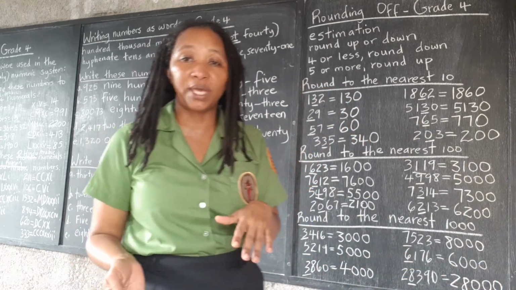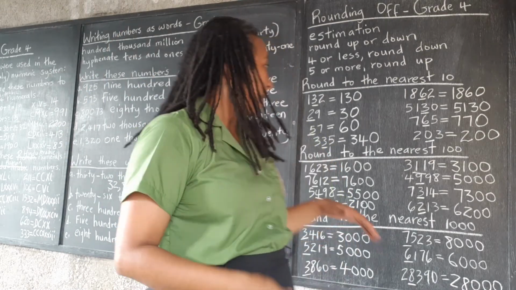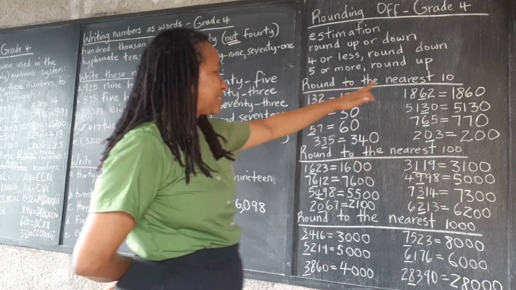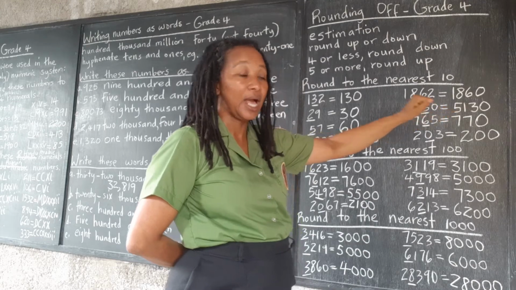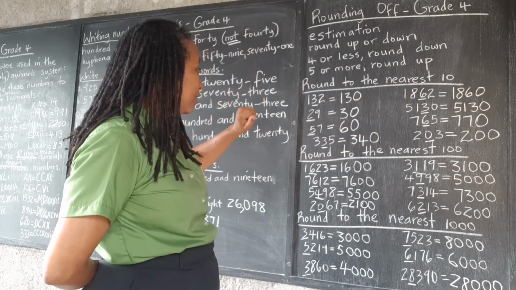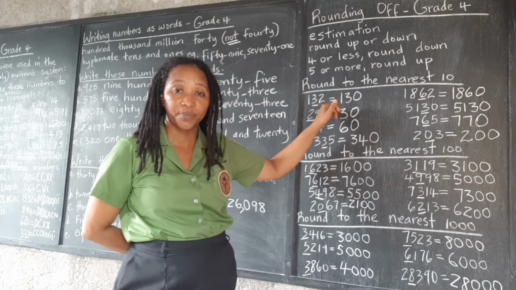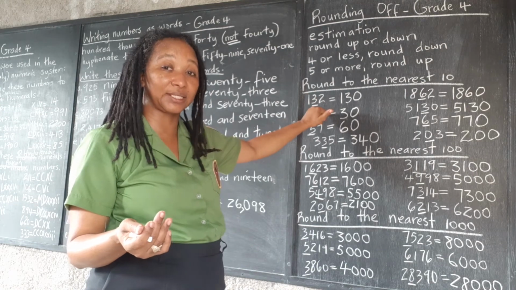So remember, we can either round up or down. First thing, we identify the place that they're asking us to round to. That's the first thing we do. And then we check the digit immediately to the right of it. If it is 5 or more, we're going to add 1 to the place.